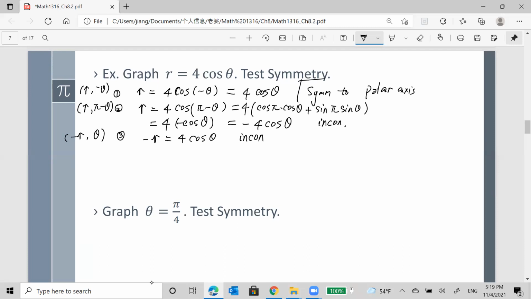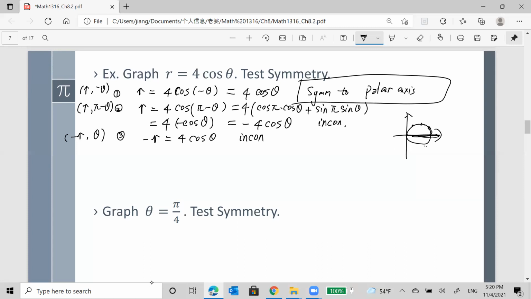That means it's symmetric to the polar axis, so the graph maybe looks like this, like a mirror, symmetric on this side and this side. So I just need to graph half. Just plot the points for half, and I don't need to find the other half because it's symmetric.